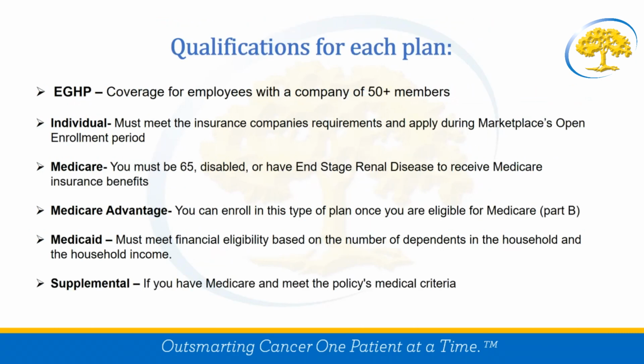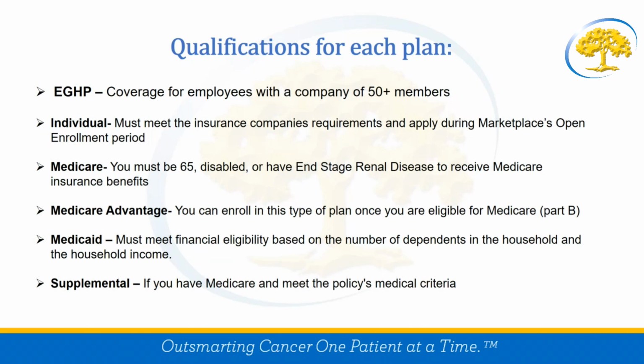Now, qualifications to have each plan. For an employee group health plan, you have to be with a company that is made up of 50 plus members. So Ironwood is a big company, and that is an example of why we have an employee group. Then for individual plans, you must meet the insurance company's requirements and apply during the marketplace open enrollment.